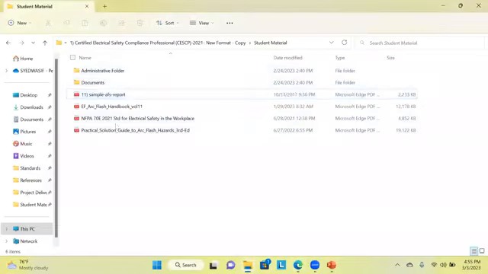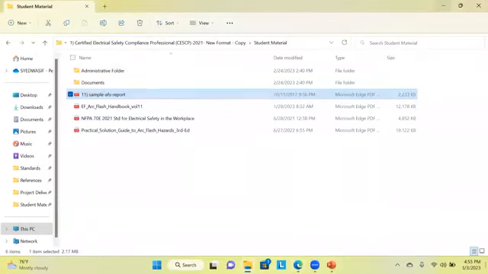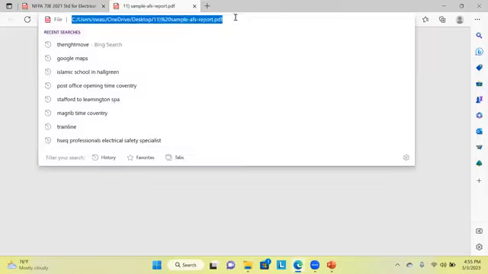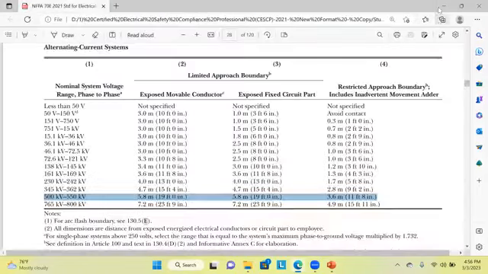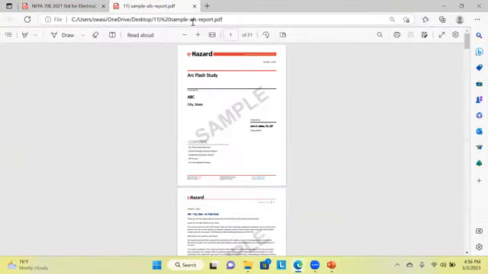Just a second, what happened to it? Why is it not opening? Okay.